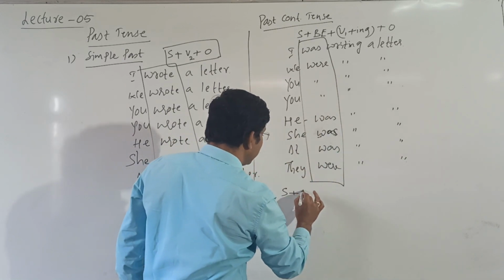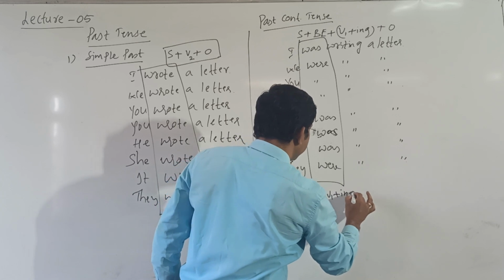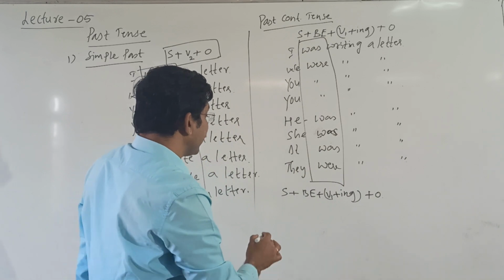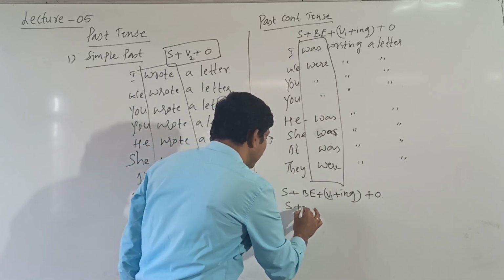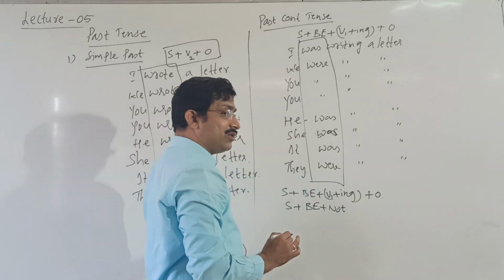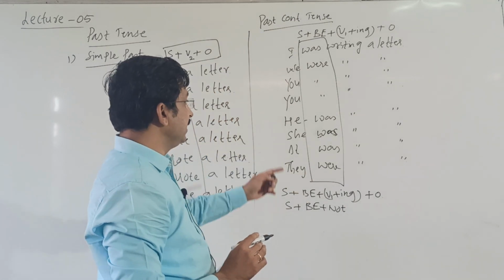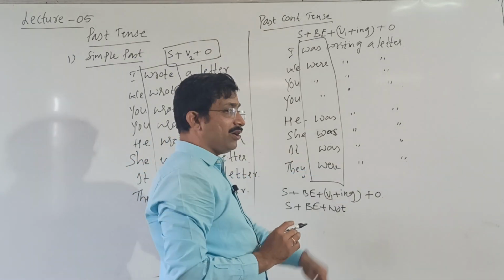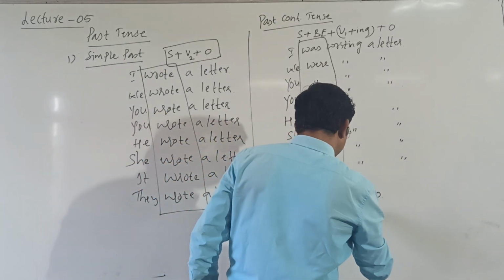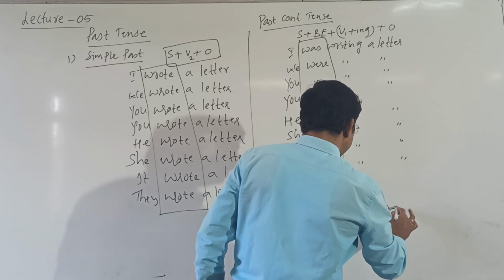Its negative is S plus be plus not: I was not, we were not, he was not, it was not, they were not. S plus be plus not plus V1 plus ing plus object.